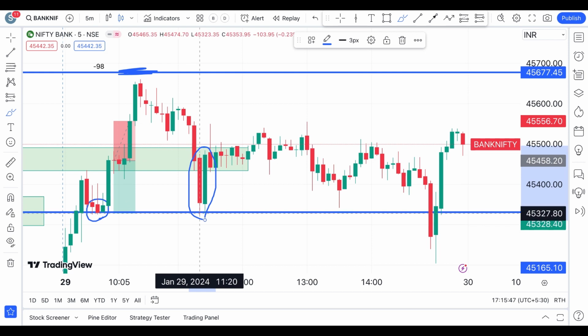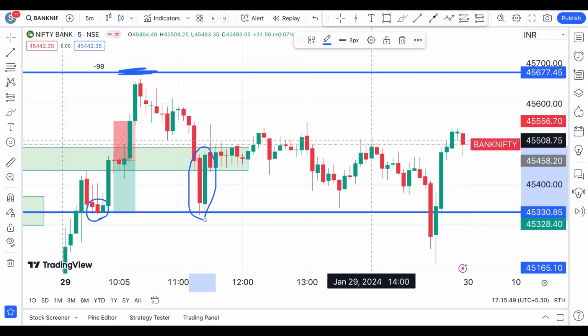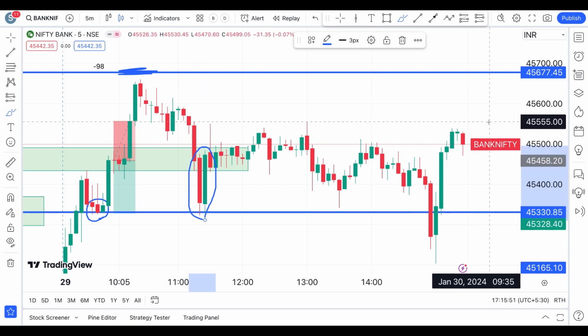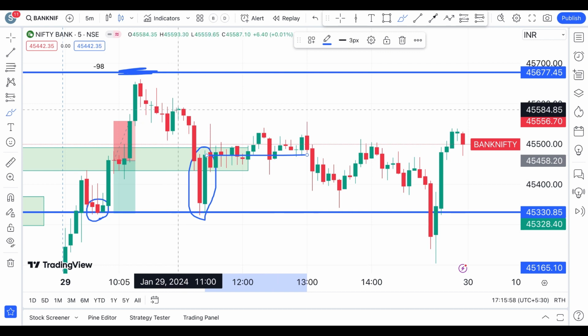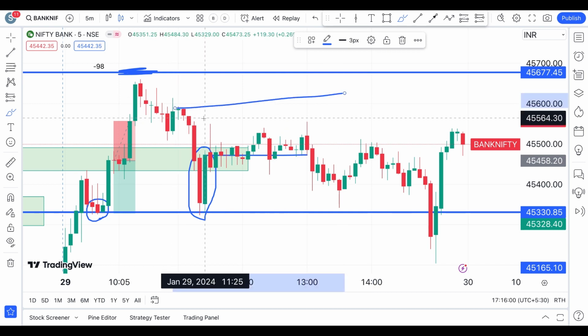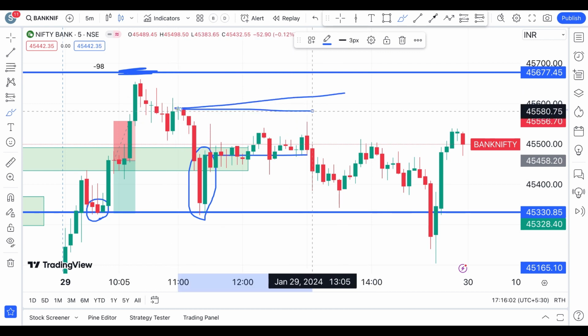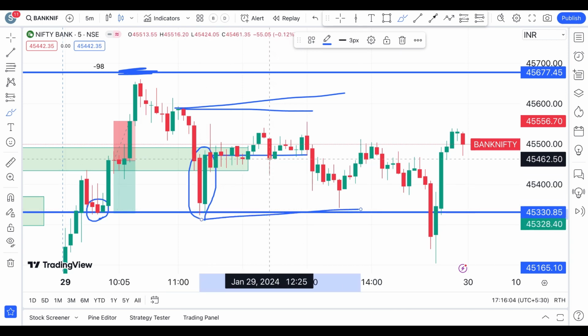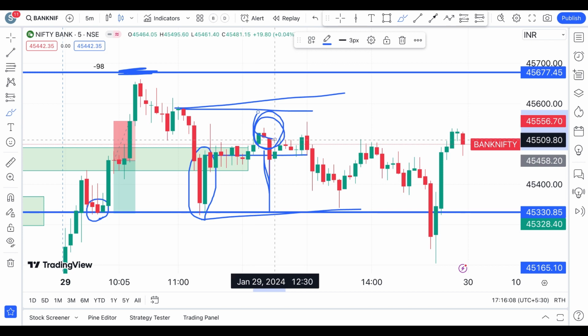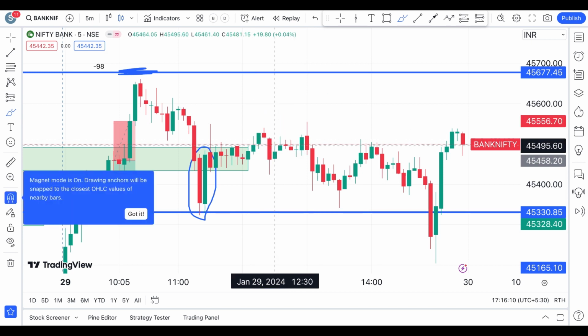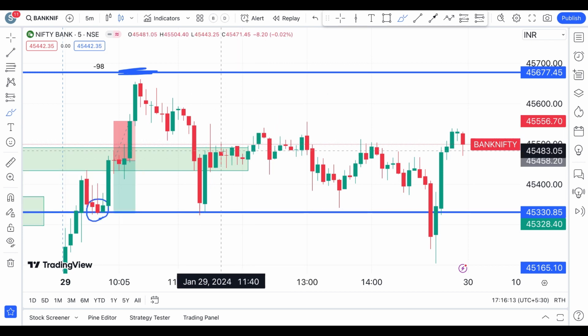Both these candles put together, the 11:20 and 11:25 candles, we can see that it's a bullish engulfing pattern. But to take a trade there, do you have enough risk versus reward ratio? This would be your target, and this would be your stop loss. You see, this is more than what you achieve there. So it's definitely not a valid trade again, even though it's a bullish signal.